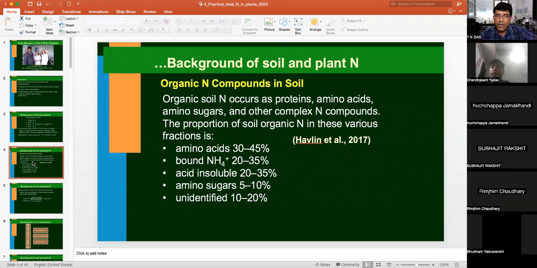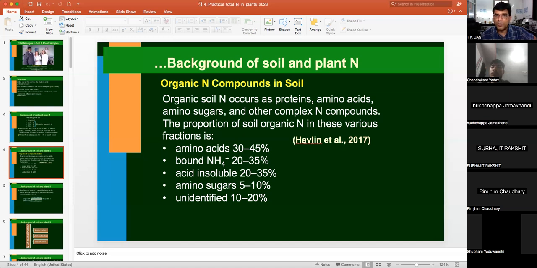Now, what are the organic forms of nitrogen in soil? What are the organic nitrogen compounds in soil? Organic soil nitrogen occurs as proteins when it is undigested. When you add fresh organic materials or manures to the soil, nitrogen may be mostly in proteins, amino acids, amino sugars, and other complex nitrogenous compounds.